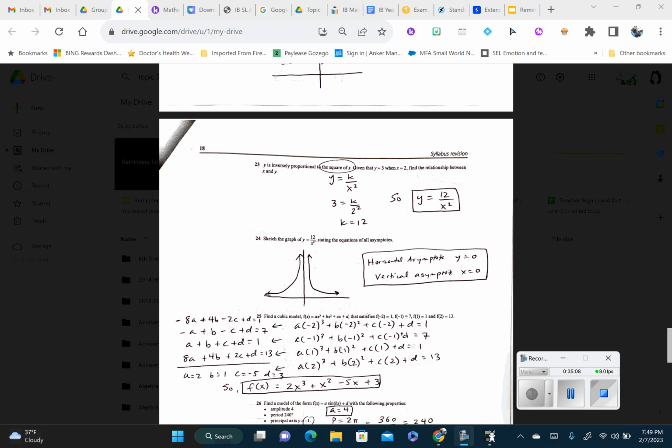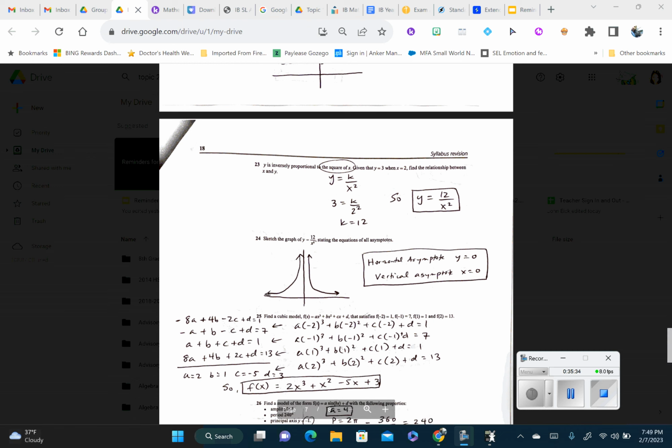You can pause the video and just make sure that you check your work. Please don't just copy from what I did. And then negative 2 to the third power is negative 8a. This becomes 4b. Negative 2 times c is negative 2c. You bring the d is equal to 1. Put this into the polysolver, and you'll get a is 2, b is 1, c is negative 5, d is 3. And then you plug it back into the original function.